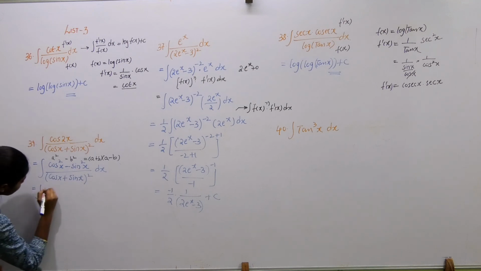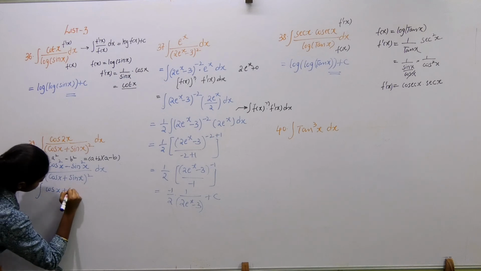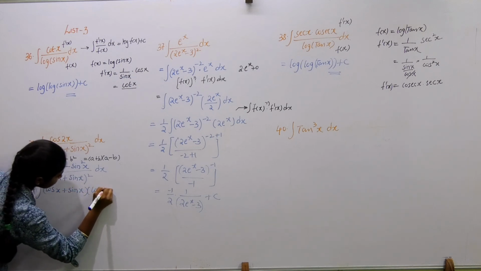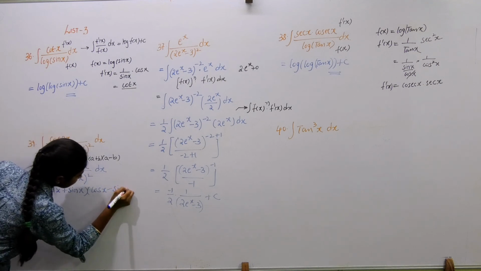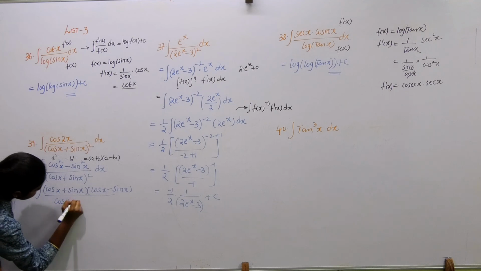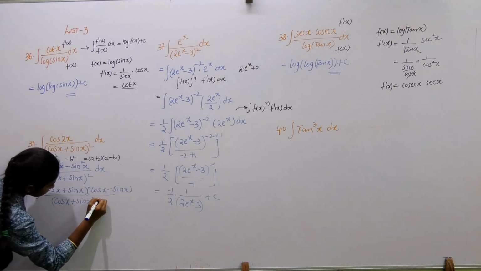When we substitute it here, we get integral cos x plus sin x into cos x minus sin x divided by cos x plus sin x whole square.